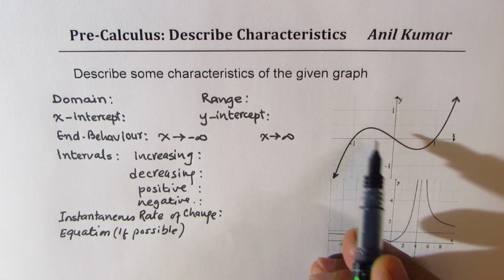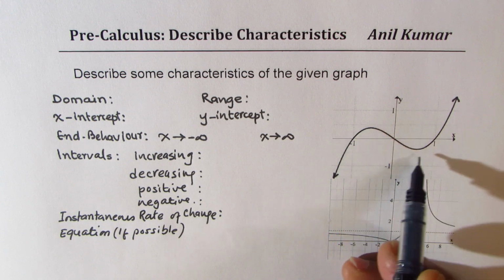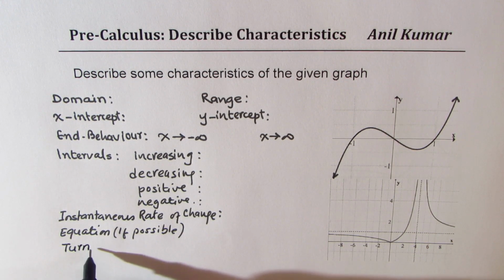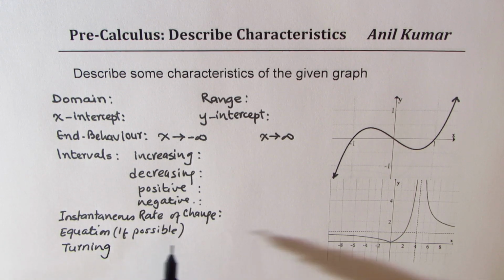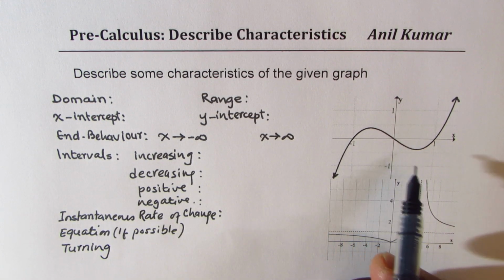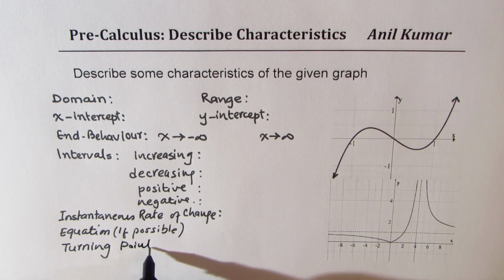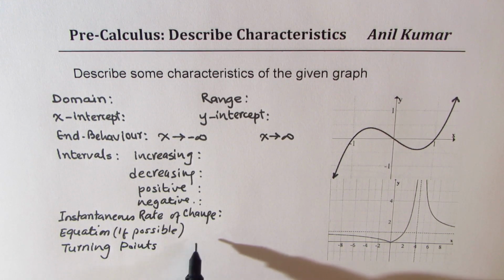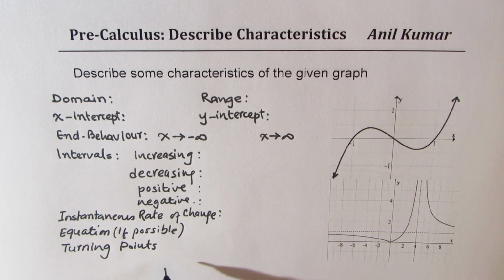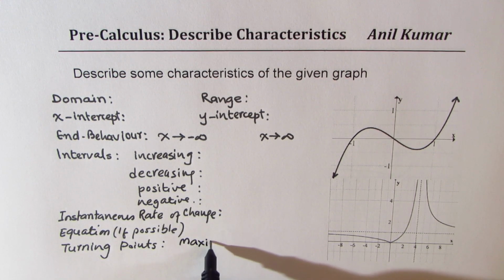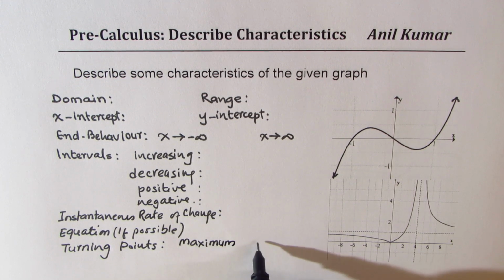Now, the other things which you can see is the turning points. Wherever the graph turns, we call them turning points. And these turning points lead to local or absolute maximum and minimum values. So we'll write turning points here. And those could be divided into two categories, which I'll mention as maximum or minimum value.